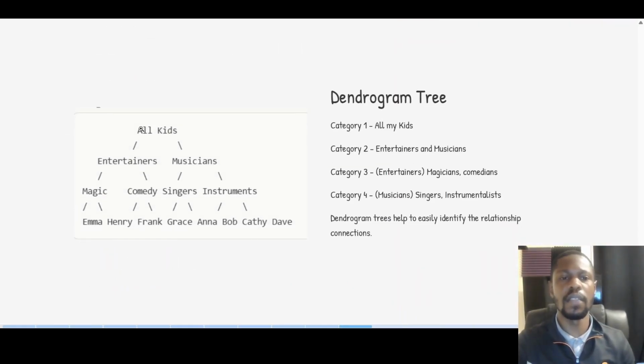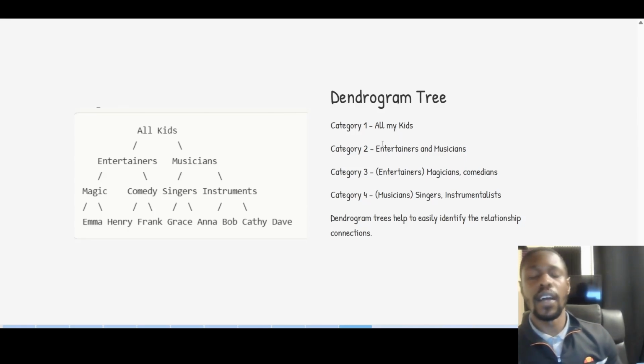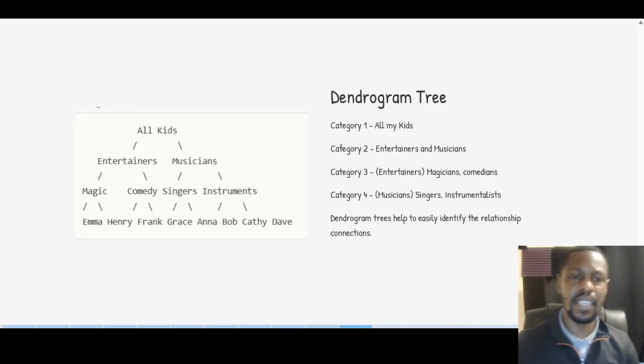So let's say I have 8 kids. I have Emma, Henry, Frank, Grace, Anna, Bob, Kathy, and Dave. So category 1 is finding the similarity between all these groupings. And the similarity is that they're all my kids, right? And I could break them down into saying, okay, I have entertainers and I have musicians.